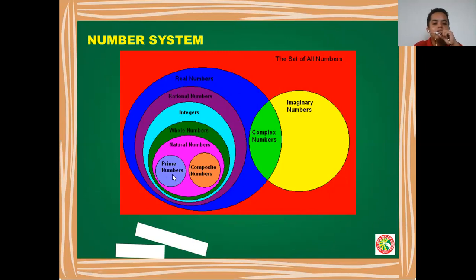We already discussed what prime numbers and composite numbers are in our module 3. So that is your natural numbers. So combining the real plus imaginary numbers, that is your complex numbers. Complex number has a real component and imaginary component that defines your complex number. So this is the set of all numbers.